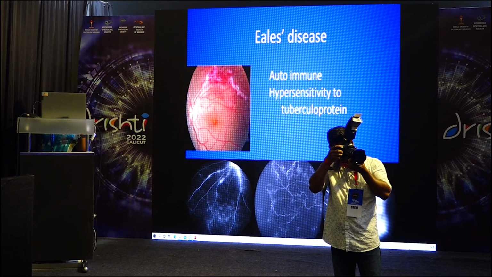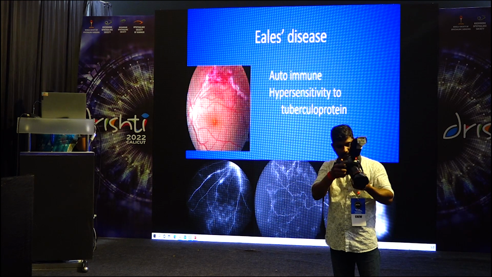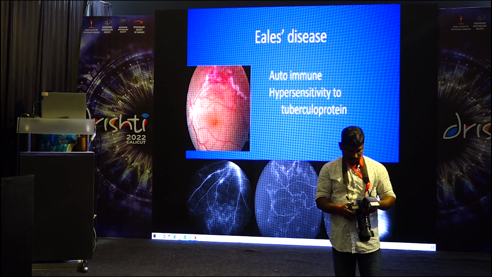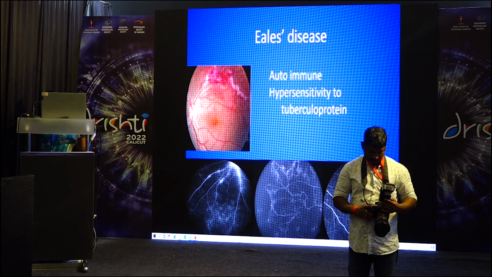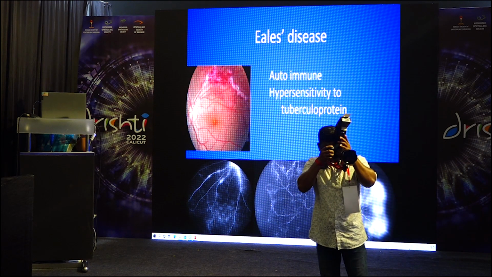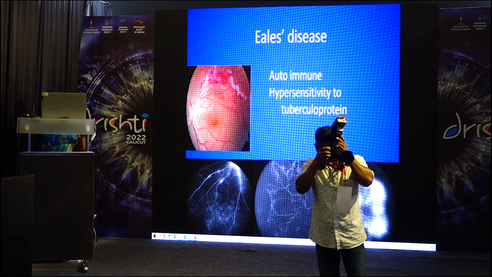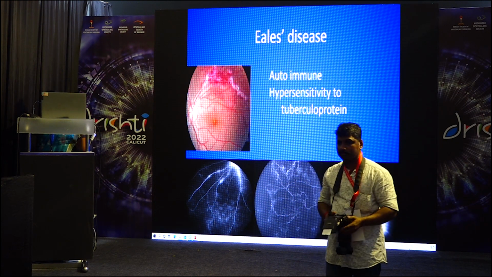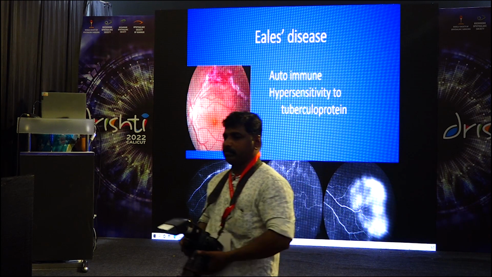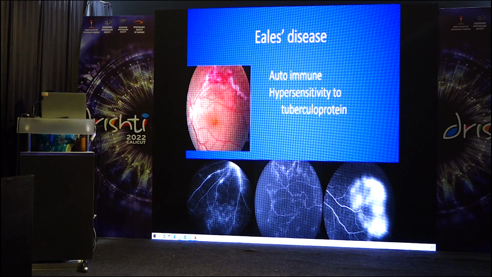Next comes vasculitis. The common type is Eales disease, including vasculitis involving veins, mainly known as periphlebitis. It can be of autoimmune etiology or it can be a hypersensitivity reaction to tubercular protein.